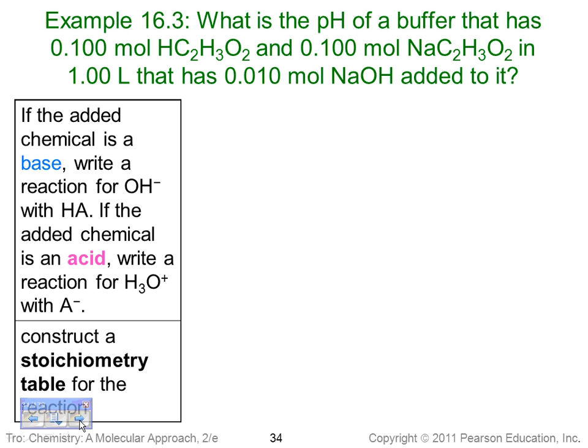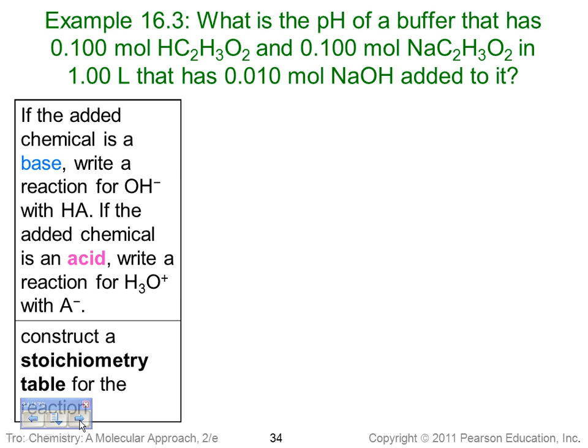So, when you add acid or base to a buffer, the new pH is a result of a new calculation. First of all, the first thing you have to do is a stoichiometry.